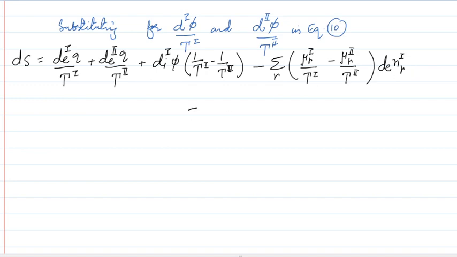So plus A1 d zeta 1 upon T1 plus A second d zeta second upon T second. So this is equation 13.